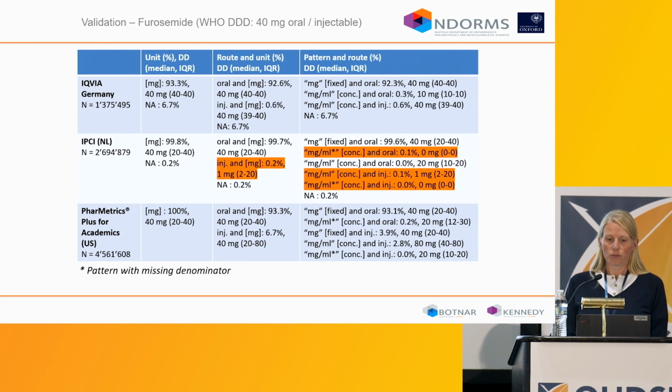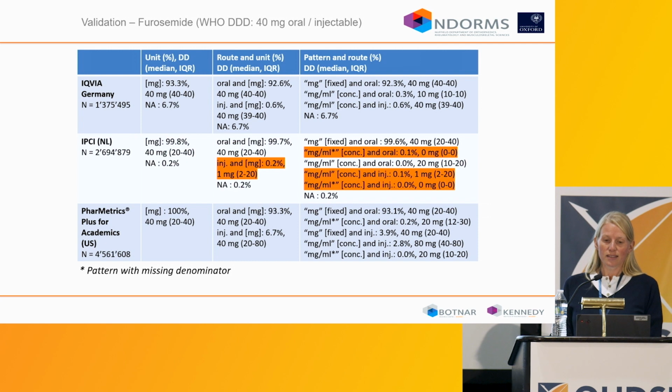In the second column, when we took into account the route, you see that in the primary care in the Netherlands, our dose formula did not have good results for the injectables, but also the number was very small. But it's relevant if you, for example, want to use the injectables.